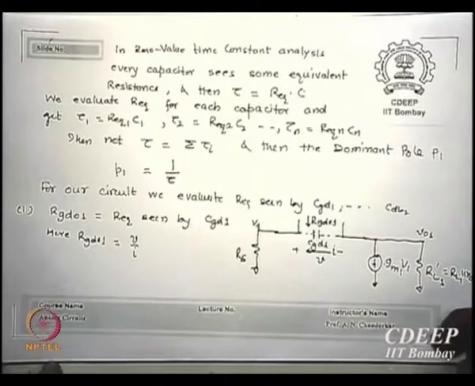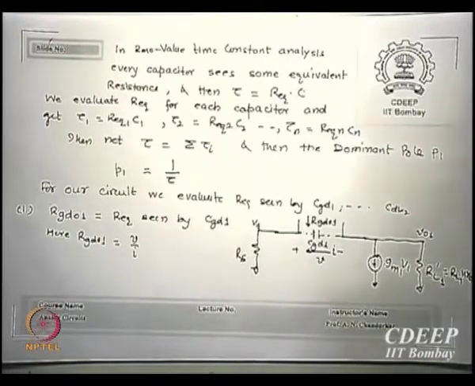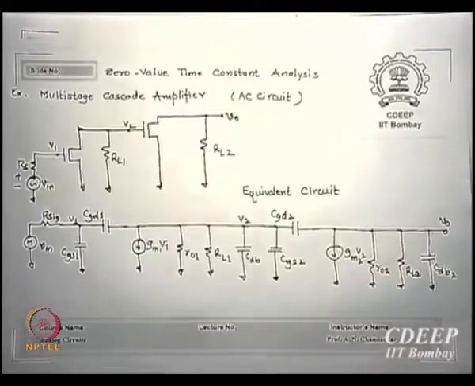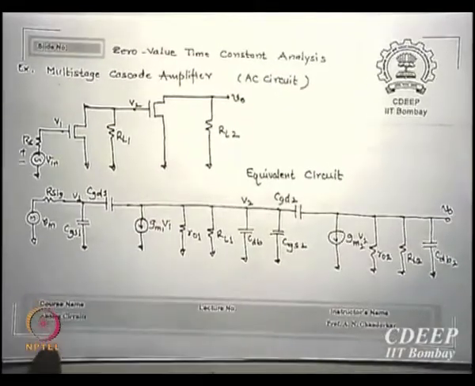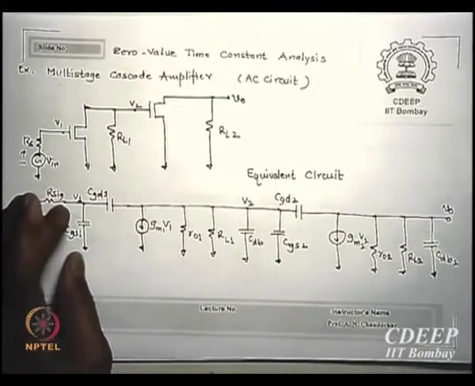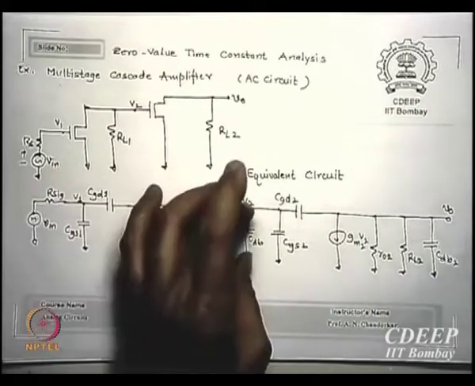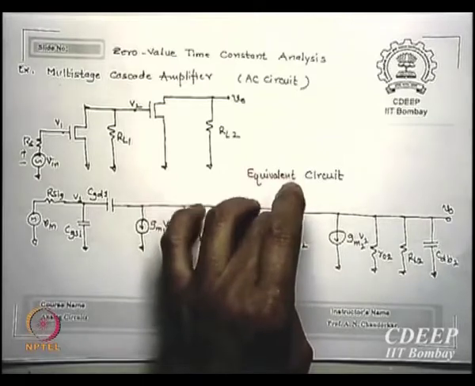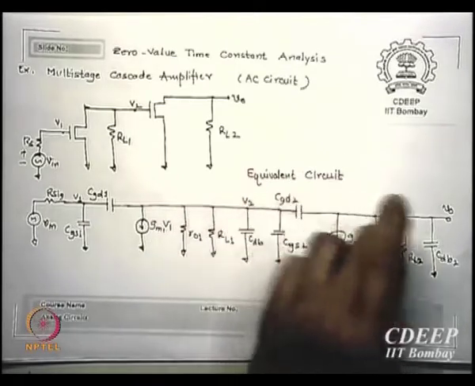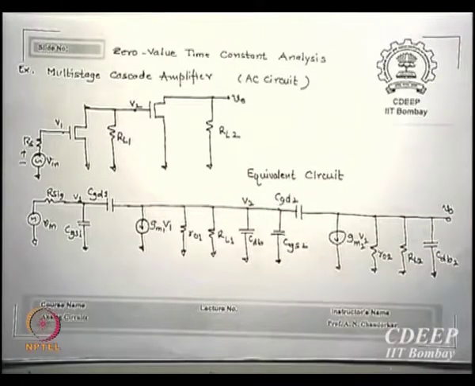Now let us see in our circuit, which we just now put, how many capacitors you are seeing. One is CGS1, other is CGD1, CDB1, CGS2, CGD2 and CDB2. There are 6 capacitances which are of relevance.